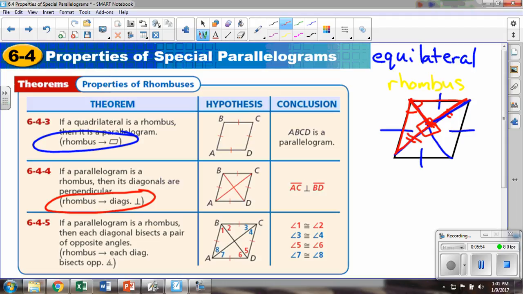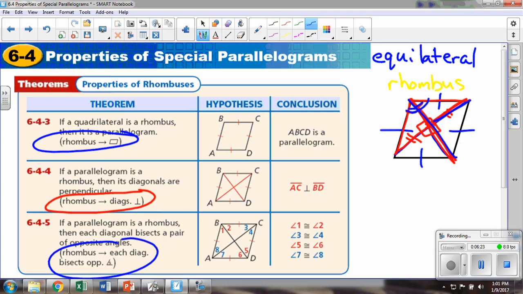Well, since the top and bottom part of the angles are the same, it tells us that this diagonal actually cut that angle into two smaller pieces. That's the last one. In a rhombus, the diagonals will bisect the angles. And of course, this happens on all four, no matter how you draw it, you wind up with the same information. So these are the facts that you are expected to know.